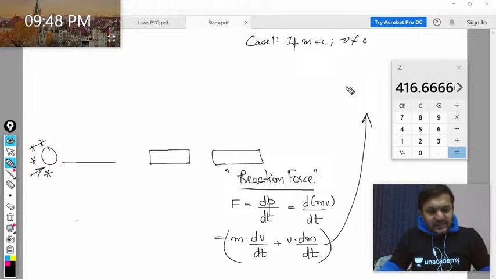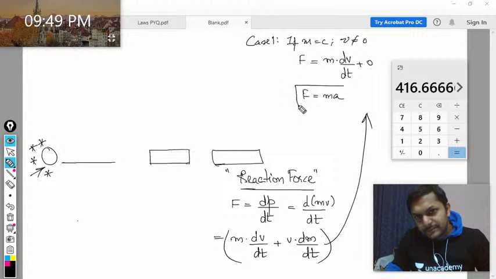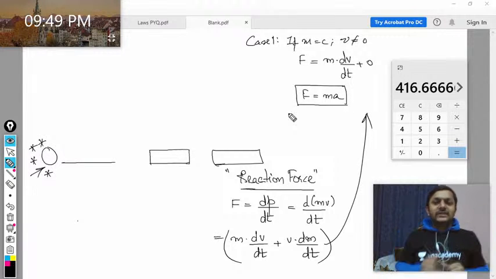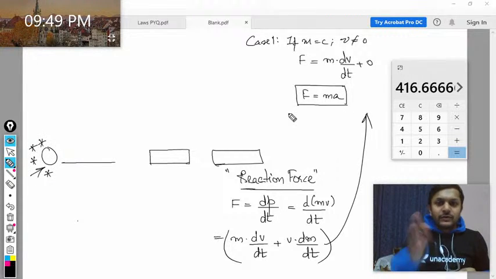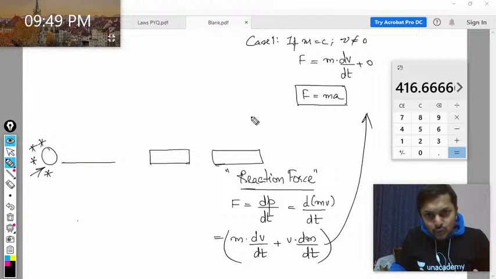If this is the case, we will say that the dm by dt part will become 0. So F will be m into dv by dt plus 0. Well, this is not the force that is required in this question. Just note it, F is equal to m into a. This is how we get it. And now, what about case 2?